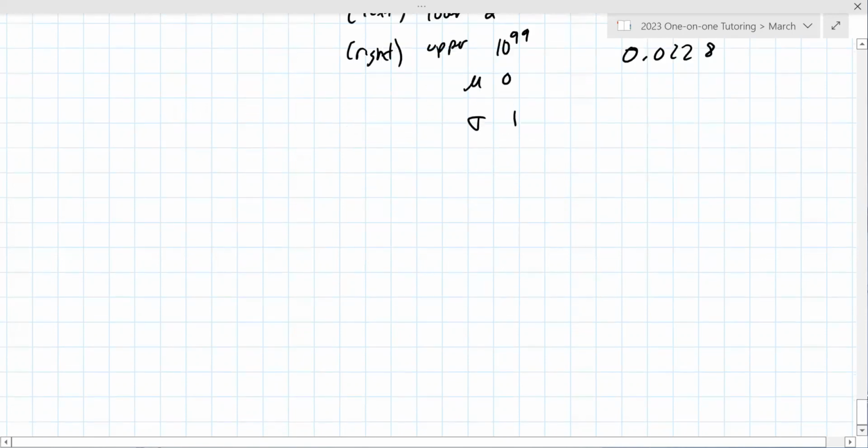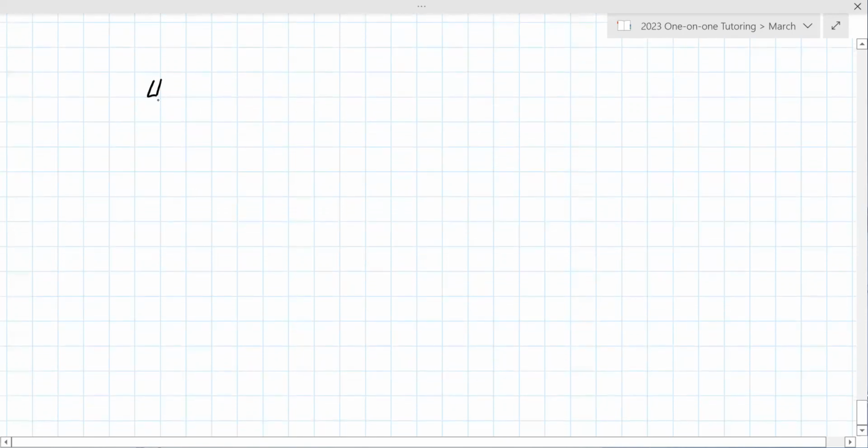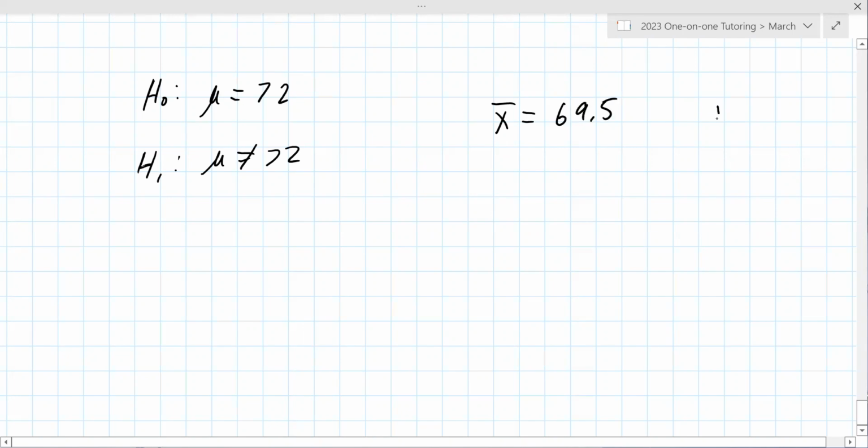All right, so last problem here. Let's say we think that the mean temperature in the month of March is 72 degrees. And we want to know if it has changed. Okay. So we take the data and we find out that X bar is 69.5, and we know that sigma is 1. All right.